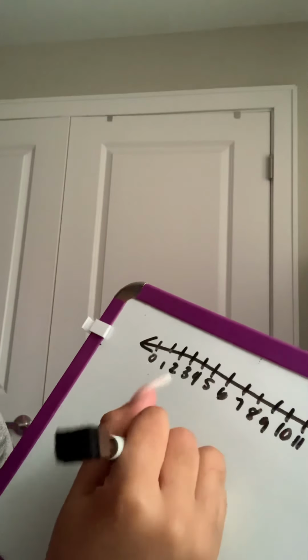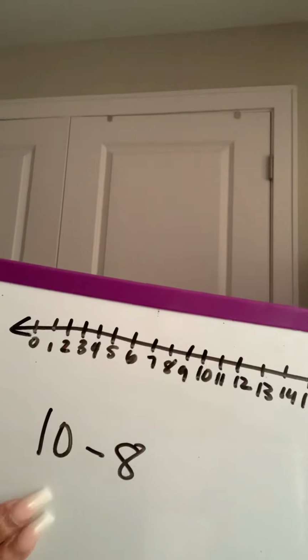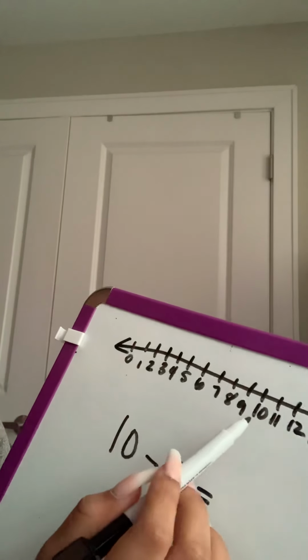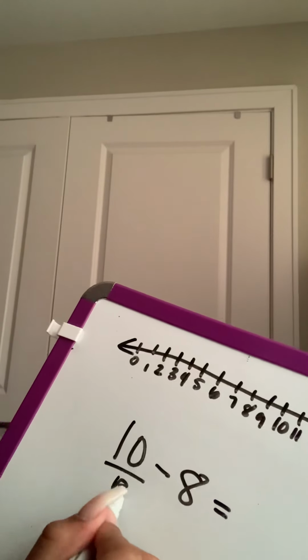So let's subtract 10 minus 8. Okay? 10 minus 8. All right? So you're going to put your finger on 10 and you're going to count backwards. And what I mean by backwards, I mean to the left. So this way, you're going to count 8 spaces because 10 is your base. Okay?